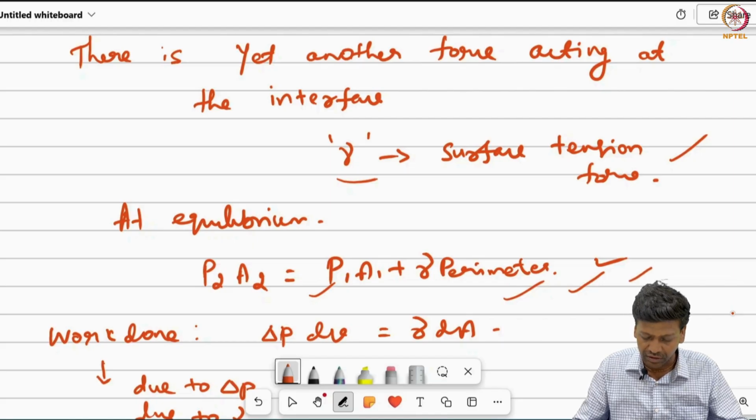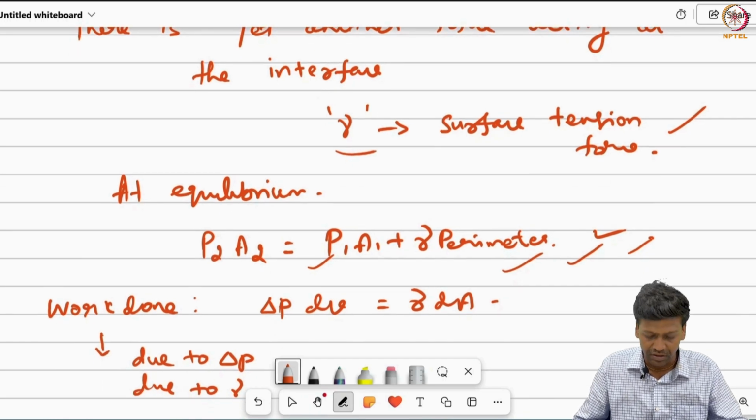So if you perform a simple force balance, you would achieve an equation of this kind.